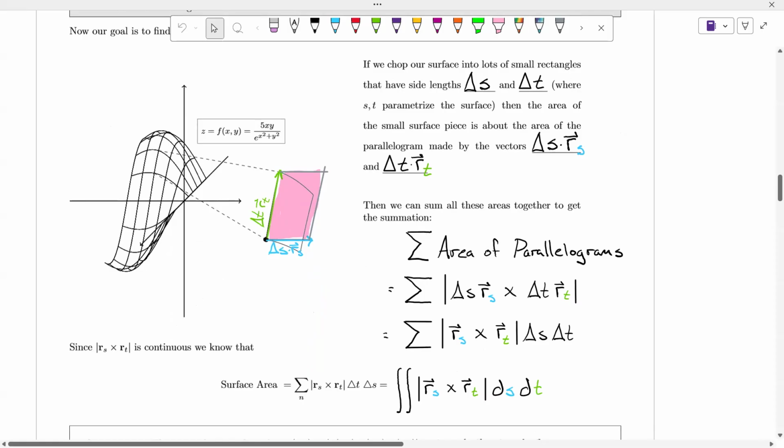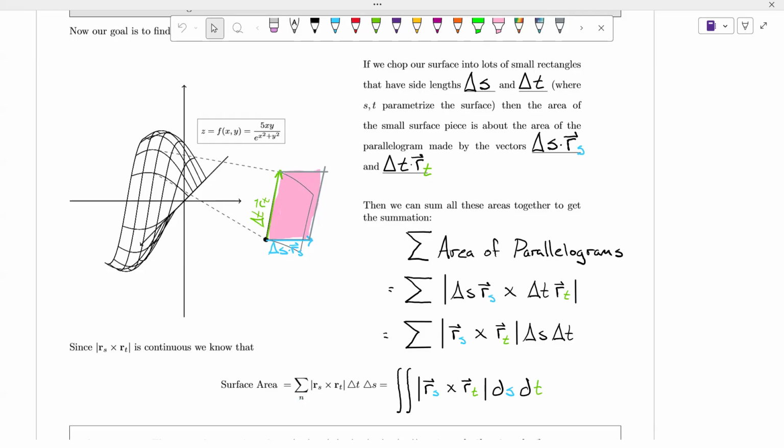So basically, we'll parameterize our surface, split it all up into that grid shape so that each has side lengths of delta s and delta t. And then we'll approximate all of that stuff with the vectors delta s times r partial s and delta t times r partial t.